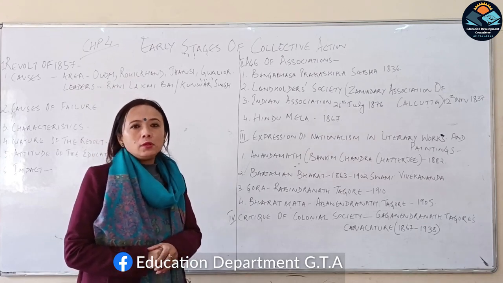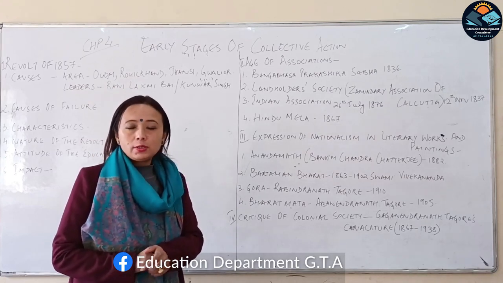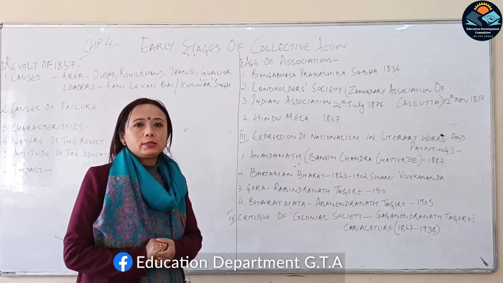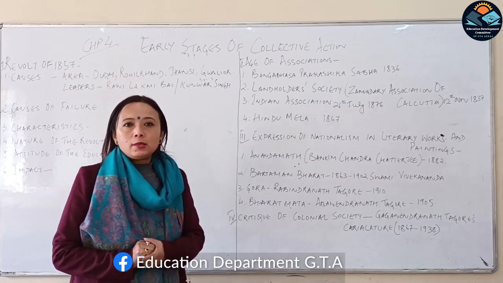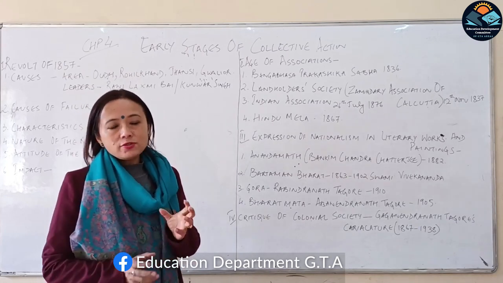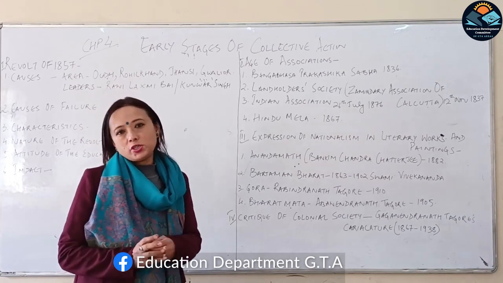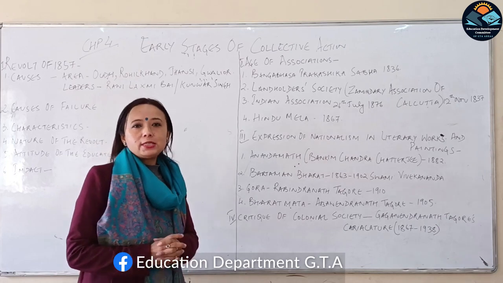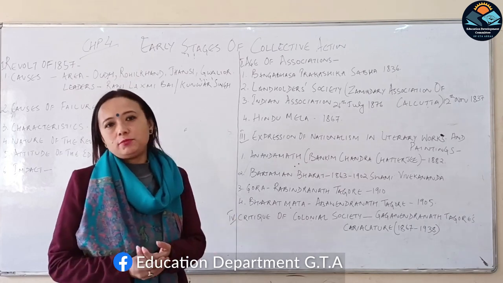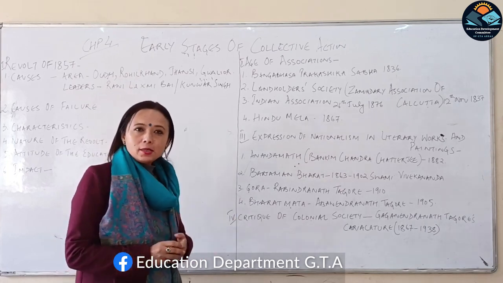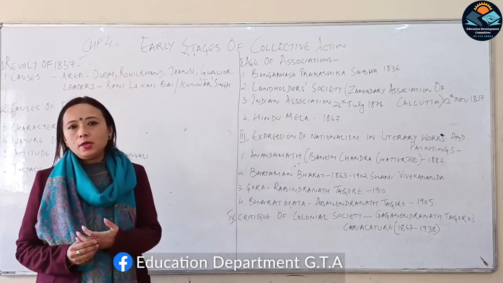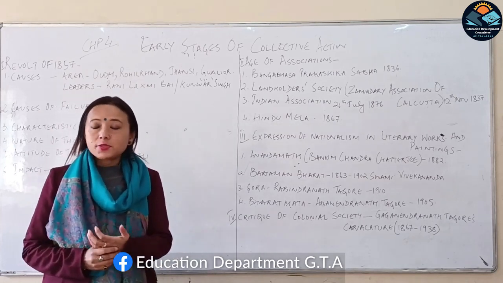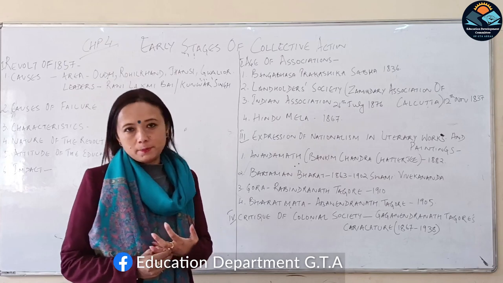Now, Queen Victoria, who was the then Queen, declared that there would be changes in the governmental policy of the British. They would no longer be interested in territorial expansion, and they would not interfere in the religions and customs of the Indian people.